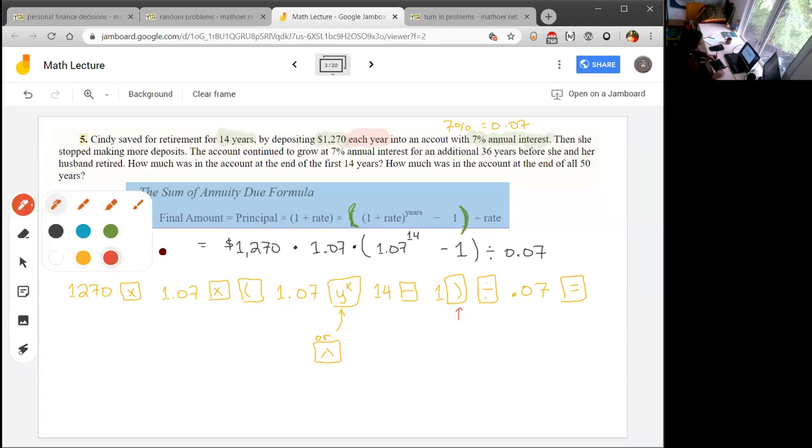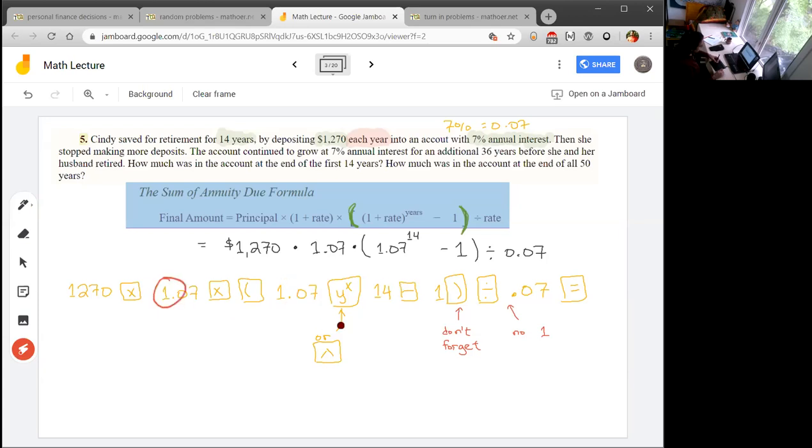The other big mistake is that there's no 1 here. We are so used to putting the 1 in twice that sometimes without thinking about it, we try and put a 1 there, but there isn't. There's no 1 plus for that rate. So that's what you'd actually put into your calculator.